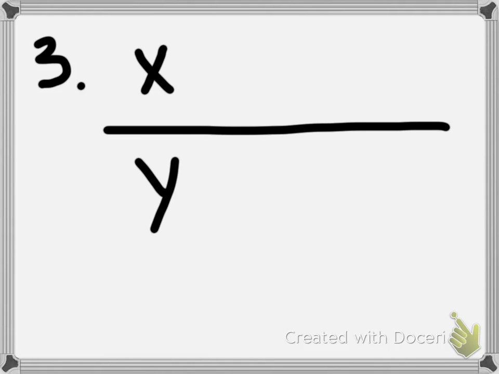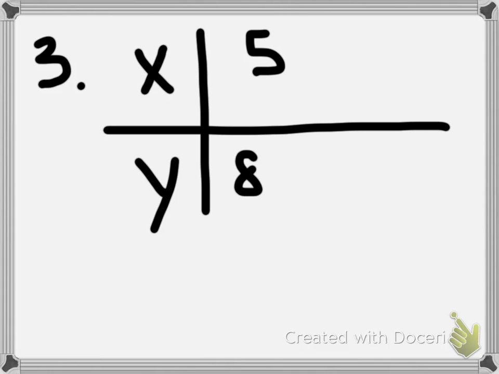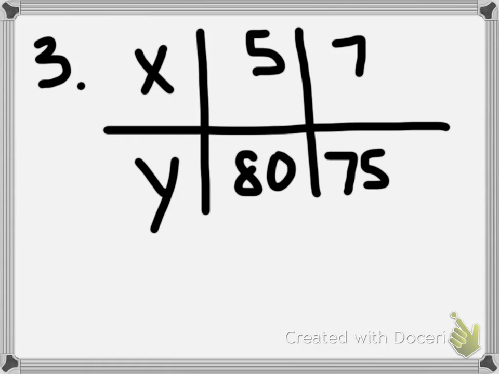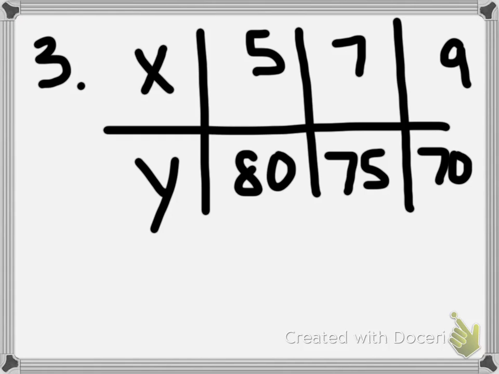Question number 3. You're going to tell whether each relationship is inverse variation or direct variation. So copy the chart. X, y, 5, 80, 7, 75, 9, 70. Now, again, the easiest way to do this is to multiply.